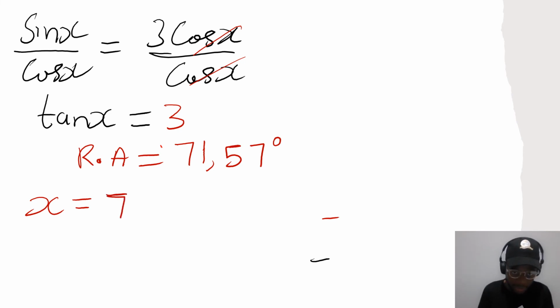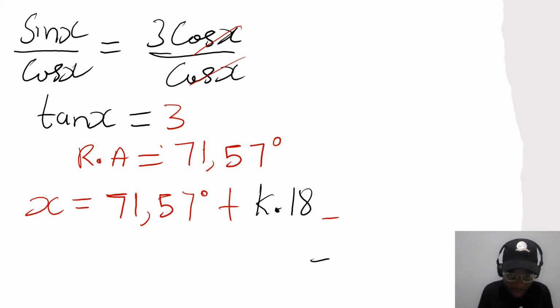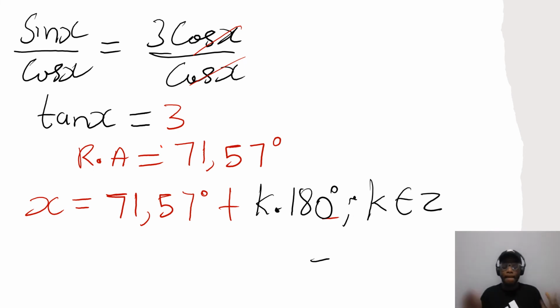We have 71.57 degrees plus k multiplied by 180 degrees, k an element of all the integers. We use k multiplied by 180 only in tan. When you're talking about sine and cos, we use 360 multiplied by k, right?